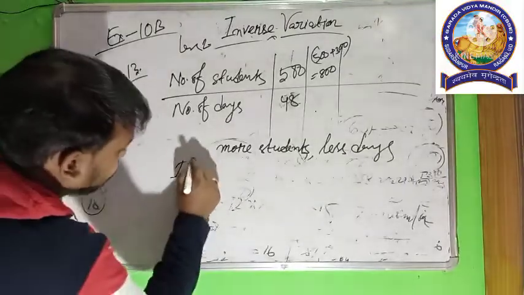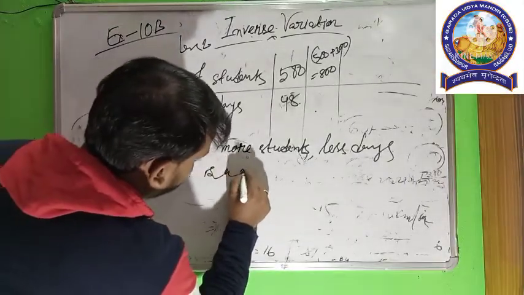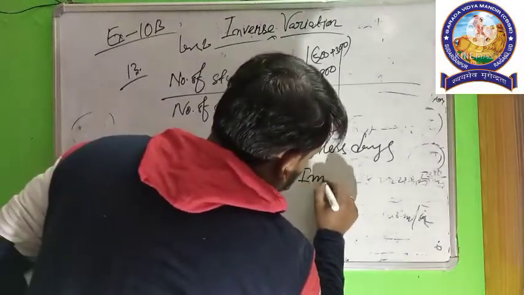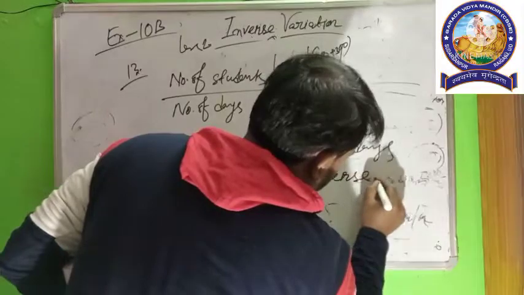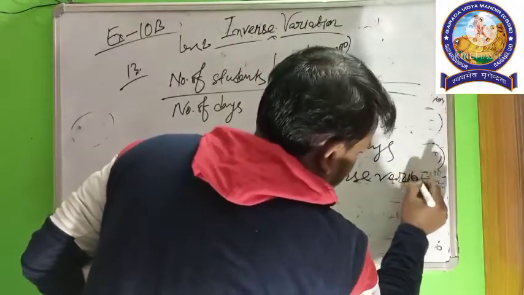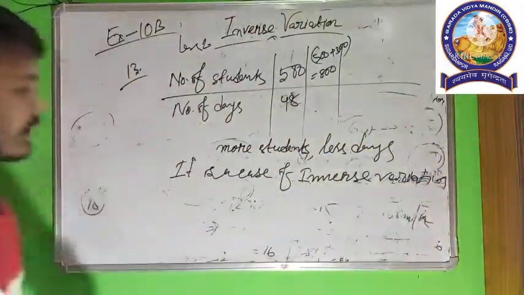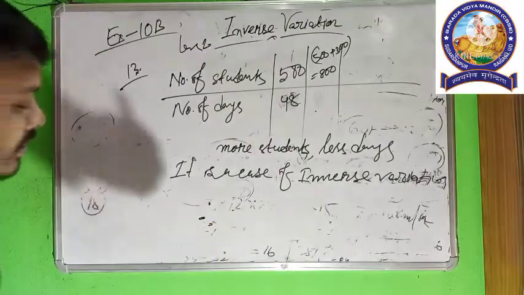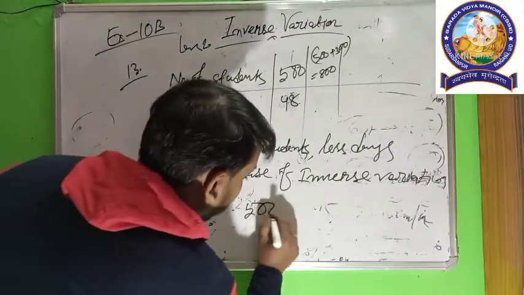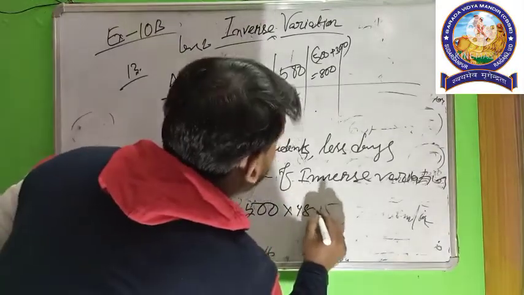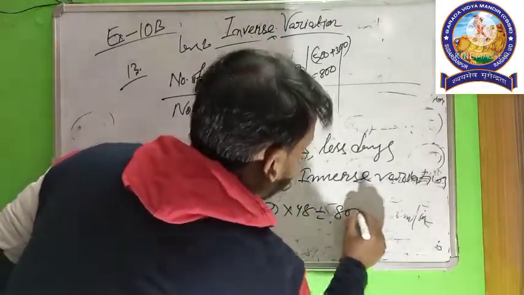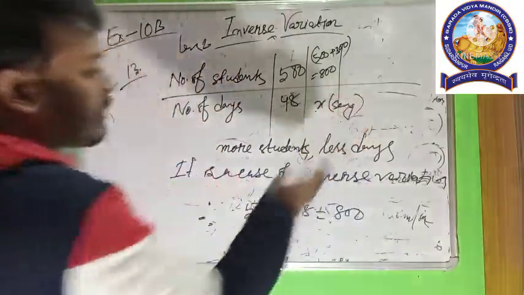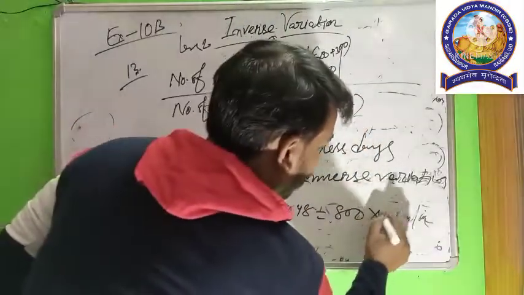So it is a case of indirect, that is inverse variation. In case of inverse variation, products are equal. So 500 into 48 equals 800 into x, where we let the value be x.